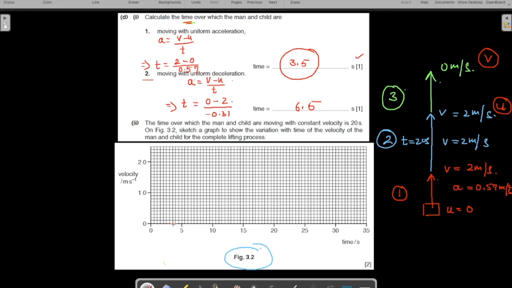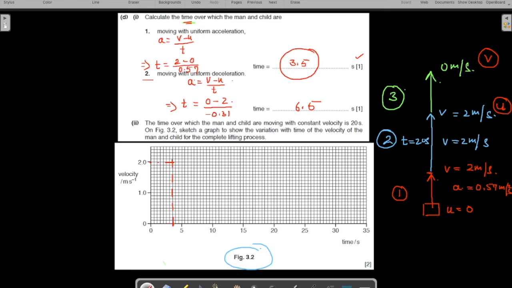And at the 3.5th second, what was the velocity? 2. So let me draw a line from 3.5 to 2. Let me make this a dotted line because this is not a final graph. I am trying to arrive at the coordinates here.